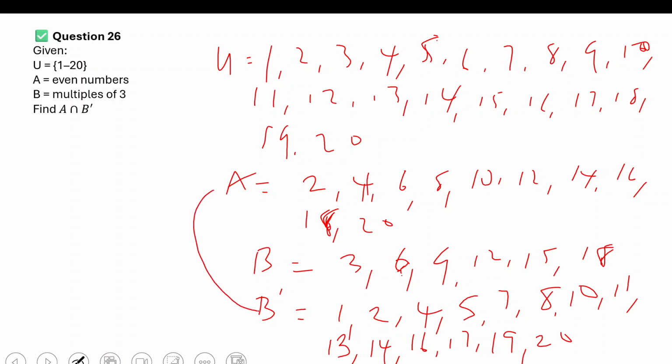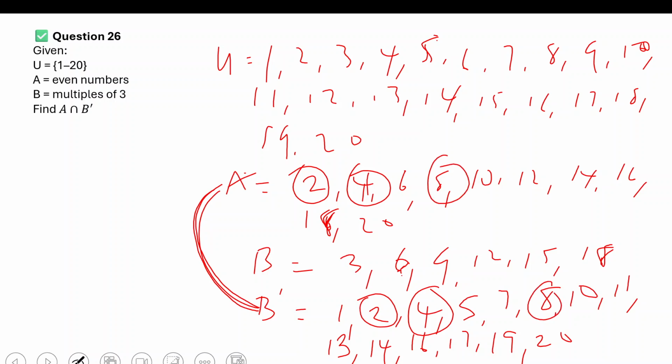This and this. Intersection means what is present in both of these two sets. The first thing, I have a 2 common to the two of them. 2 is common. 4 is common. 8 is common. 10 is common. 14 is common. 16 is common.